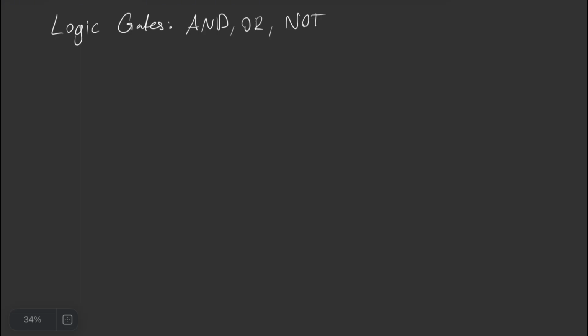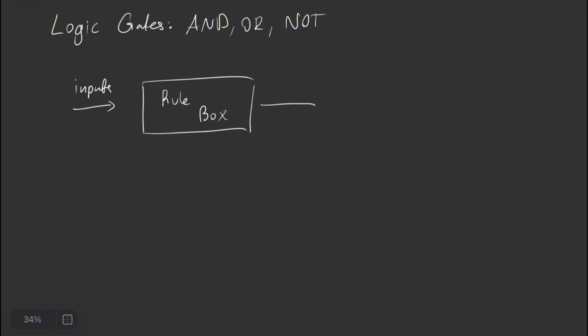The way I want you to think about logic gates is as a binary rule box, where we take binary inputs, and based on the rule that the logic gate applies, it produces a specific binary output. I'm just going to get right into gates. I think the application will really help you understand this concept.